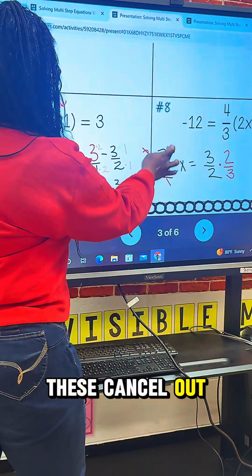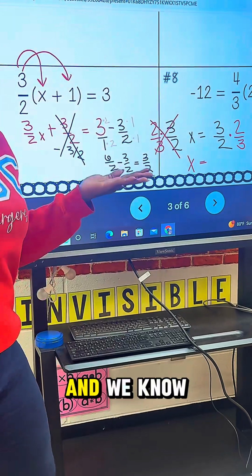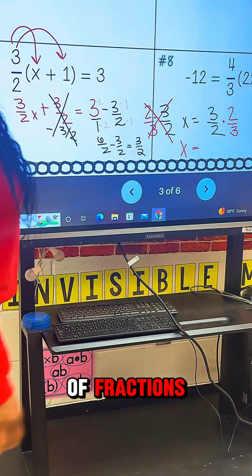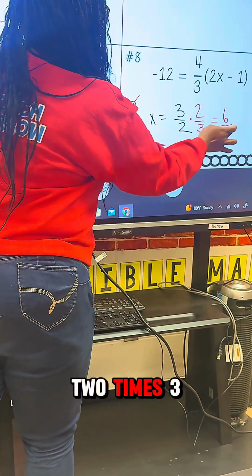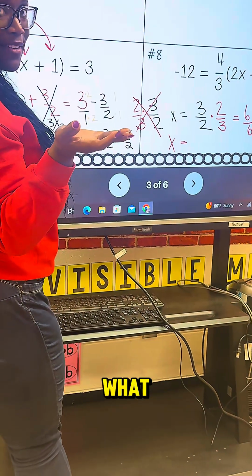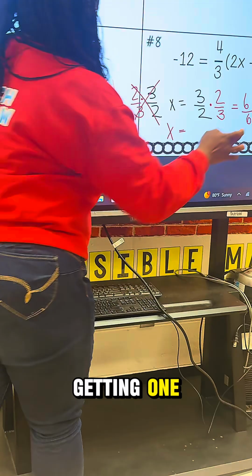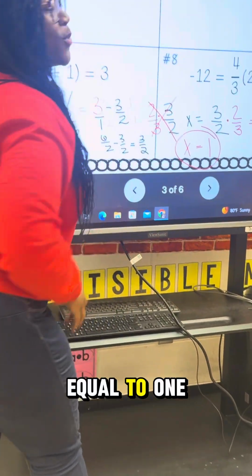These cancel out, leaving us with x equals, and we know that we multiply straight across with multiplication of fractions. 3 times 2 is 6. 2 times 3 is 6. And any number over itself gives us what? 6, 7, no, I'm just kidding, 1. So x is equal to 1.